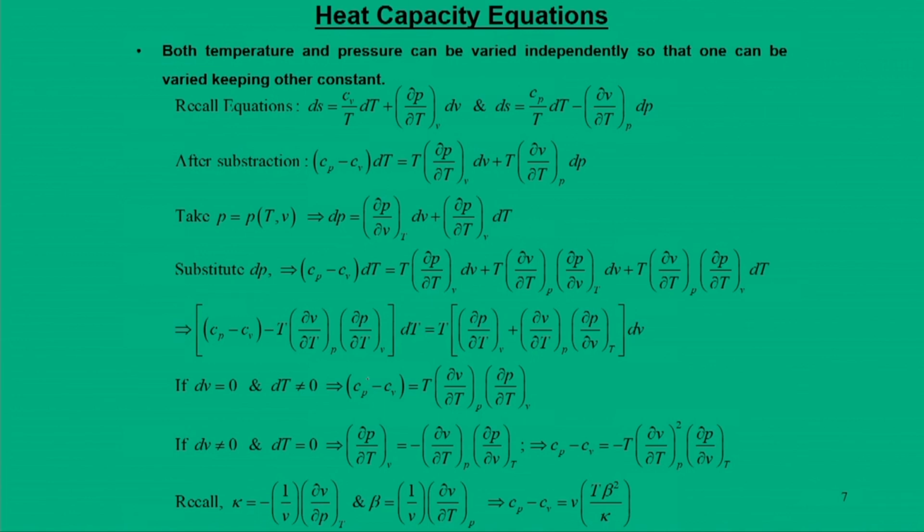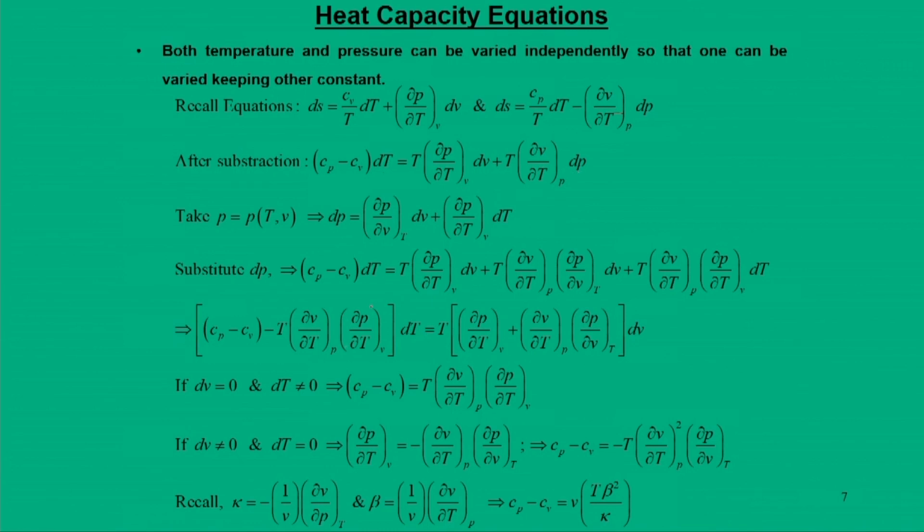Now, what you do is, from these two expressions, if you subtract, that means if you find (Cp minus Cv) dT, the dS will get cancelled. So, (Cp minus Cv) dT would be T times (∂P/∂T) at V dV plus T (∂V/∂T) at P dP.